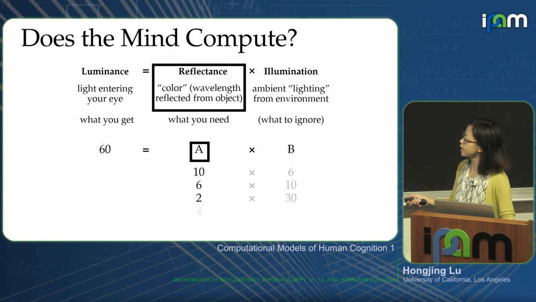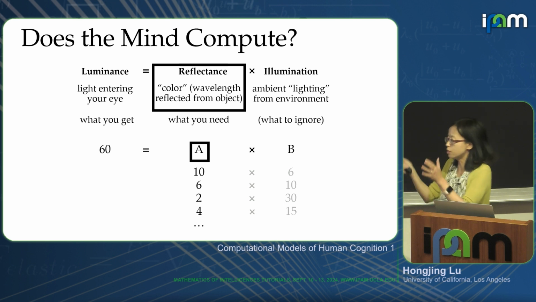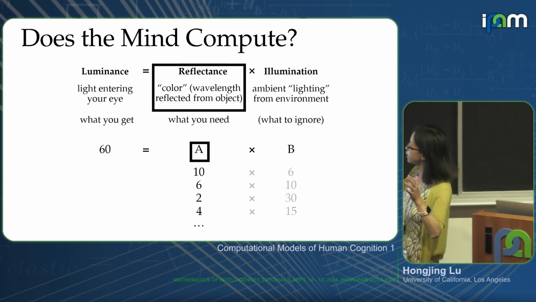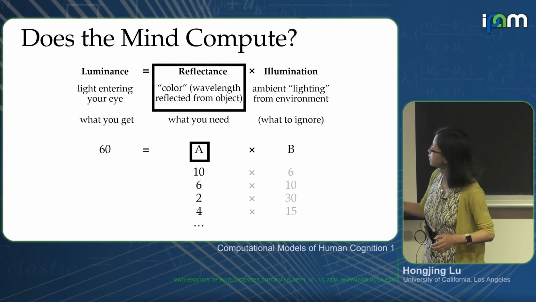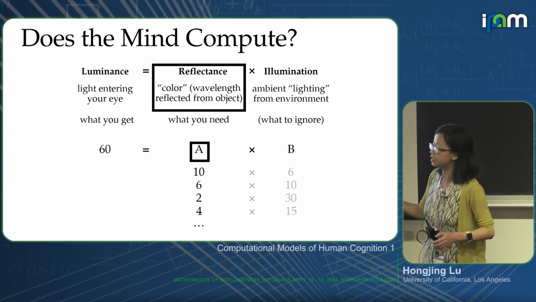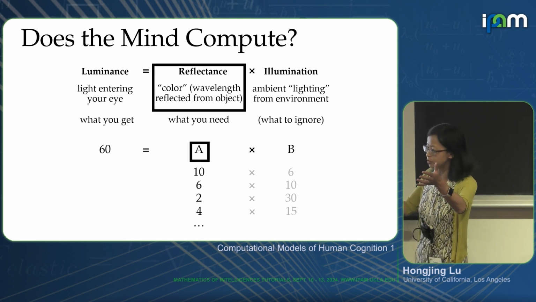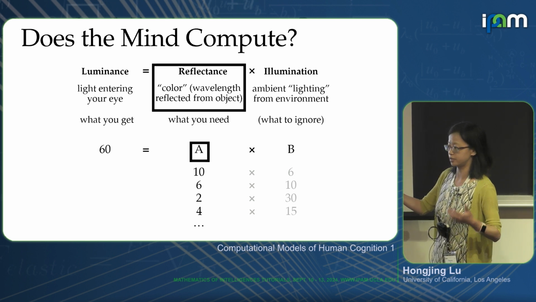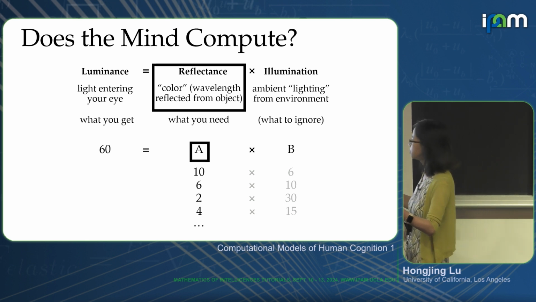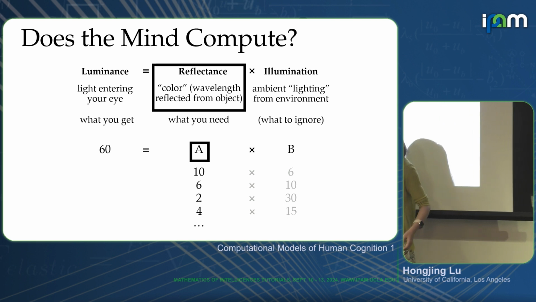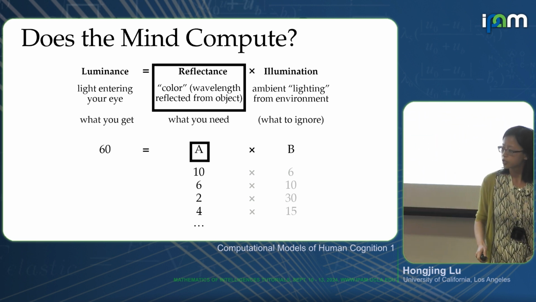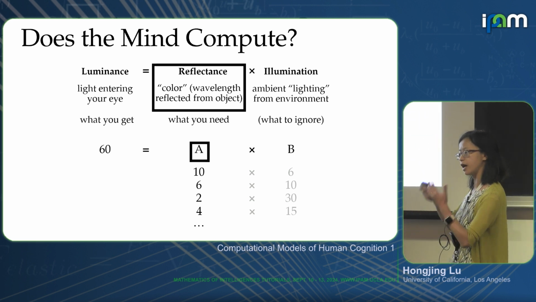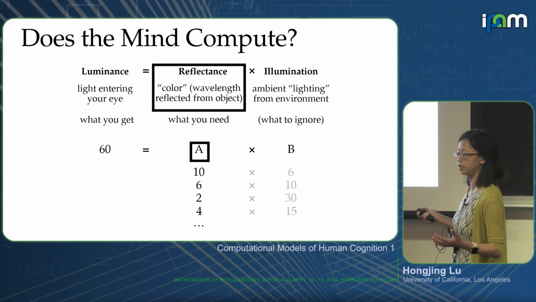Now you can see that it depends upon the B's value. You don't need to estimate the illumination, but what you really want is the color of this object. Now you have to figure out how to decompose this 60 into the product of the two values, and which of the values is the color of this object. The whole thing, I will consider as a computation here.